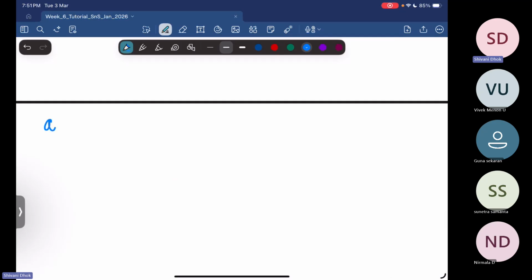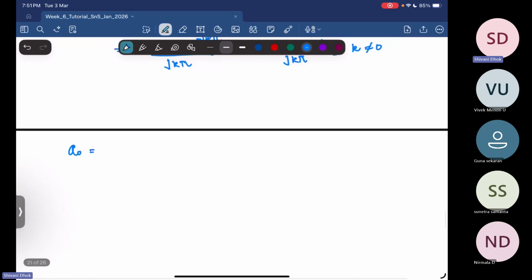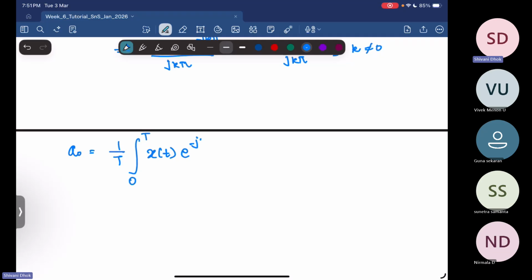So we have a0. So this a0 is equal to 1 by T into integral from 0 to T x of t into e power minus j 0 2 pi by capital T into little t dt. So this is equal to 1 by T integral 0 to T x of t dt.